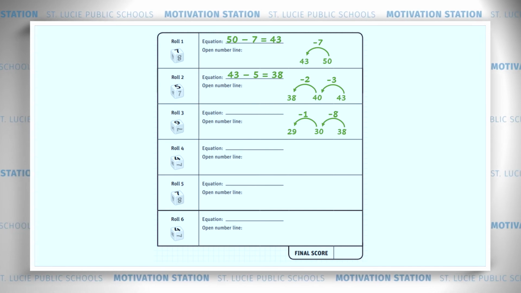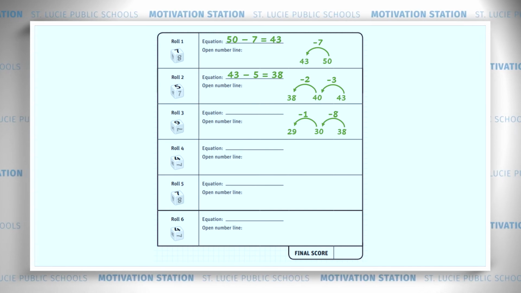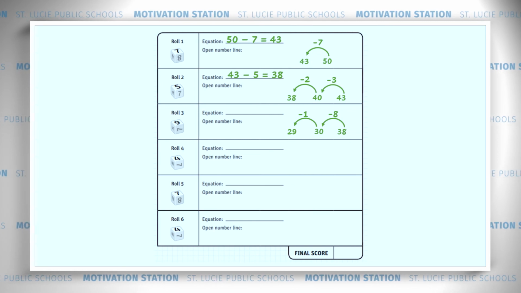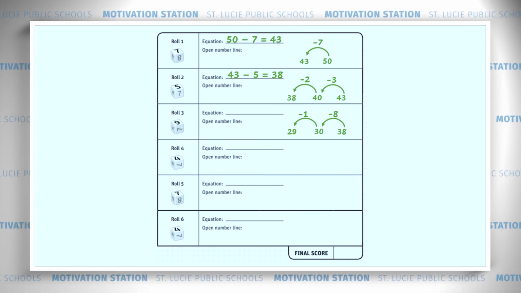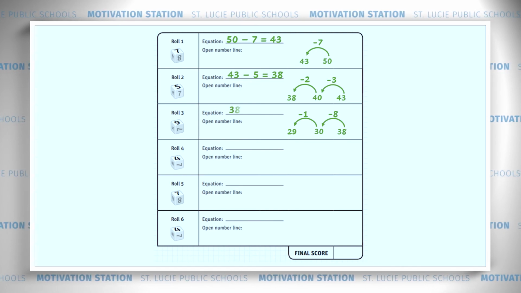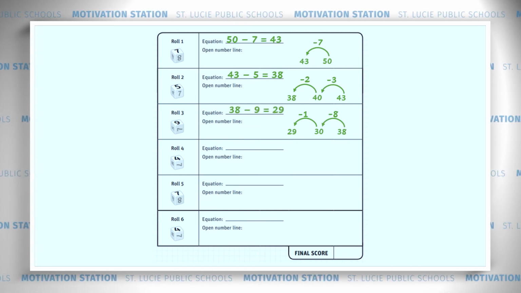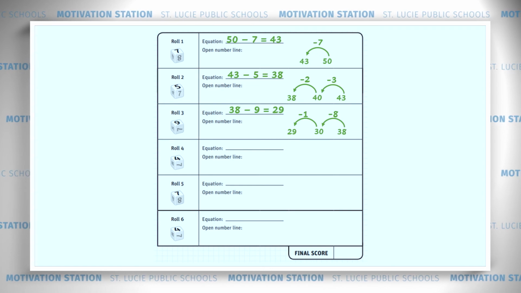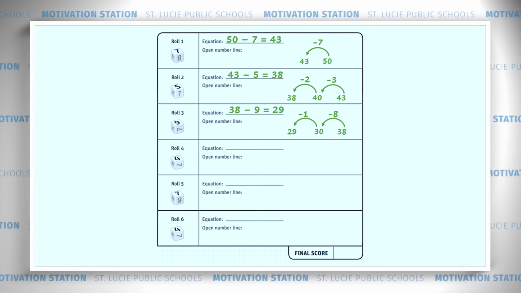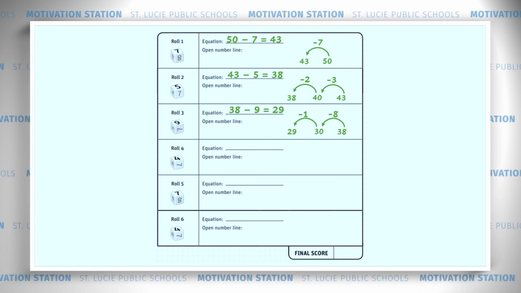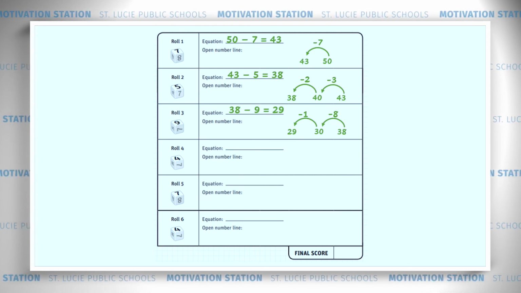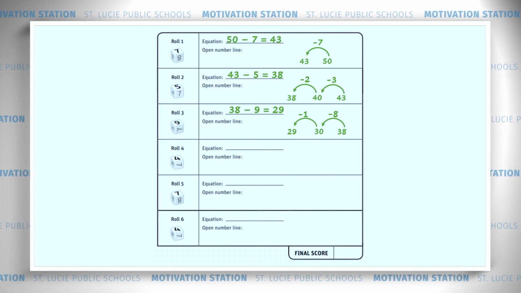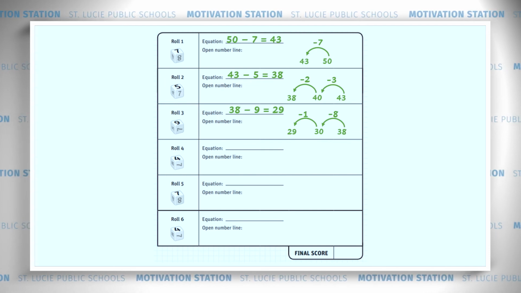So I write that down for my open number line. The last step for roll 3 is just to write the equation. Remember, this is the full equation that I did. I started with 38 minus 9, and then I equaled 29. Okay, you ready for roll 4? Roll 4, I rolled a 4. That's a funny coincidence.